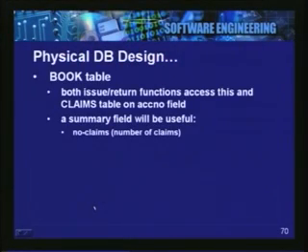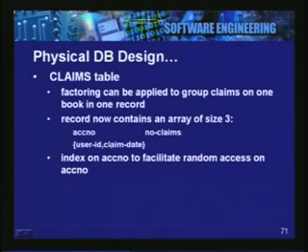We have given here the design for other tables. For example, for the book file, we will introduce a summary field called number of claims. In the claims table, which had one record for every book claimed, we may do factoring of data so that for a given book an array is kept which indicates all the claims for that book.